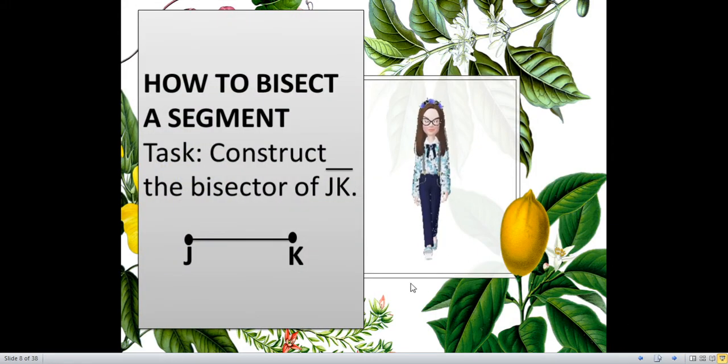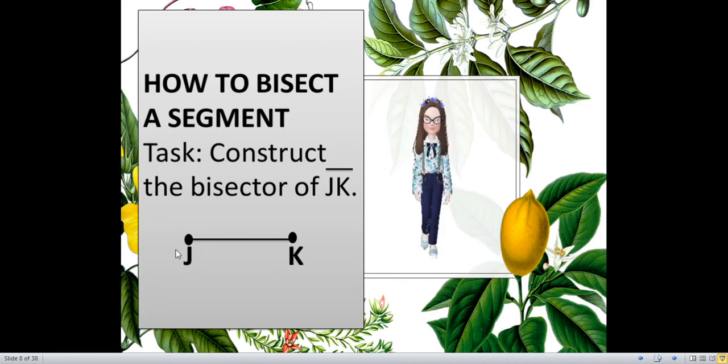So how to bisect a segment? Again, this is just an example. Our task together is to construct the bisector of line segment JK.